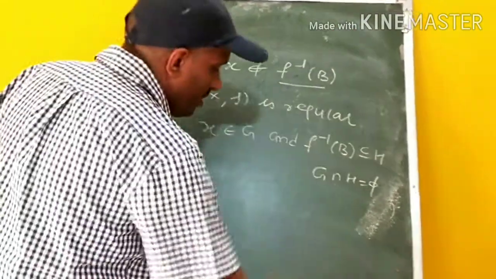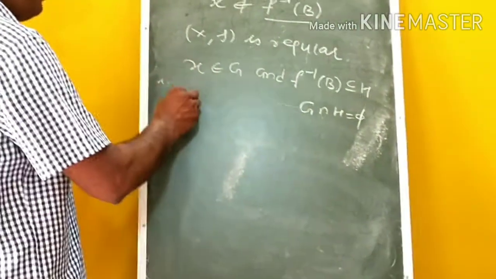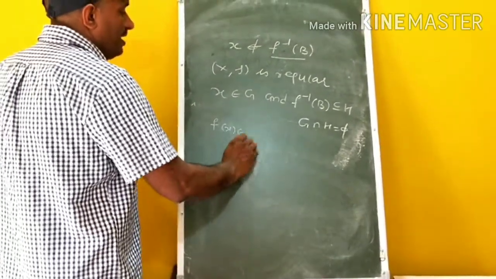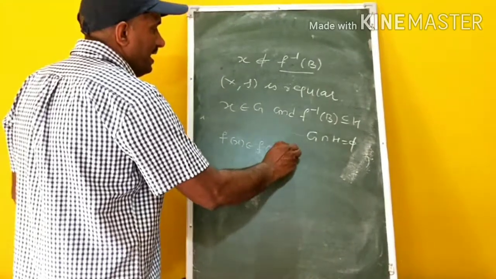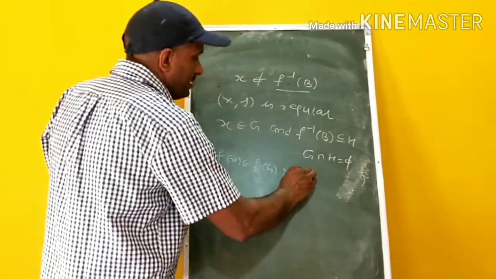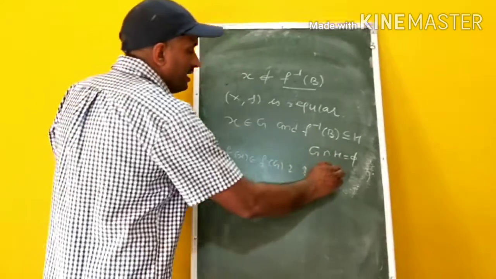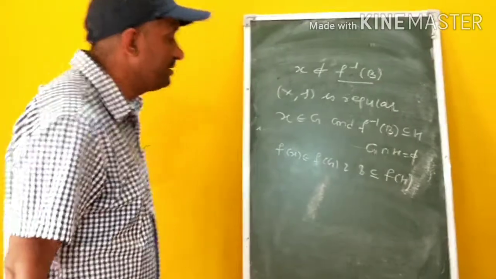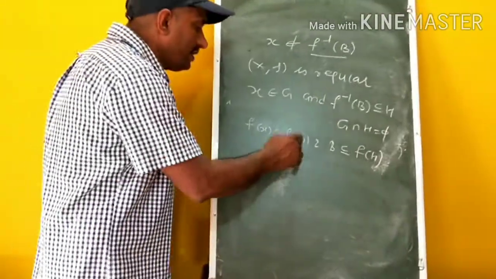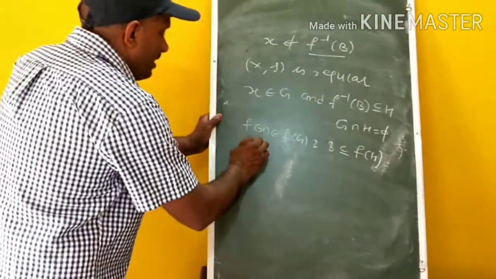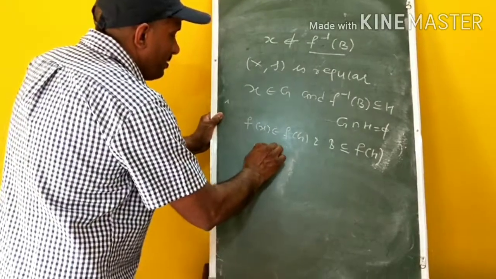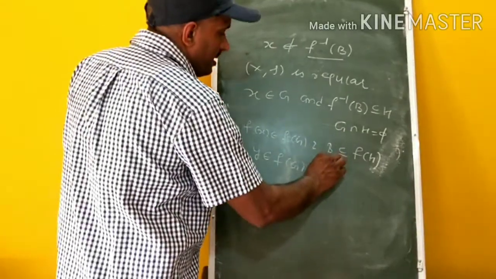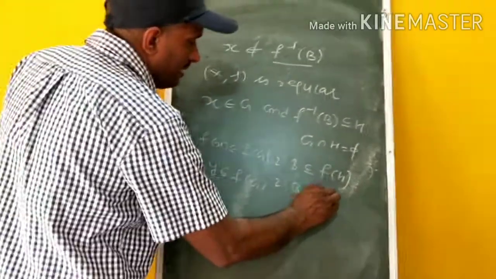Further, f is homeomorphism, so f(x) belongs to f(G), and B is contained in f(H). Since f(x) is equal to y, this belongs to f(G), and B is contained in f(H).